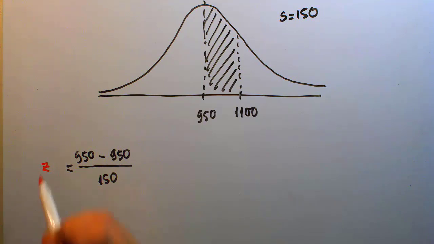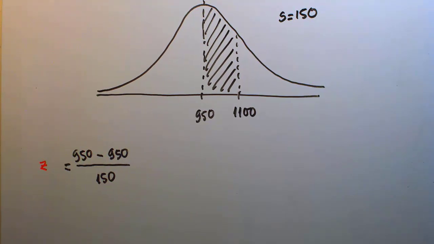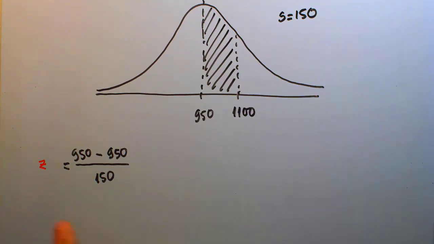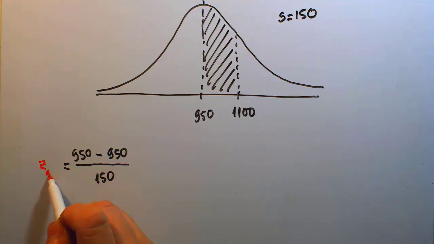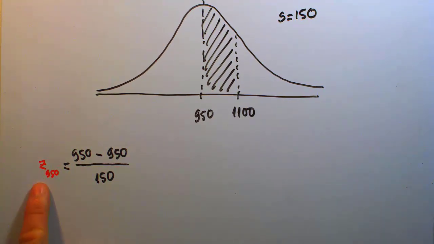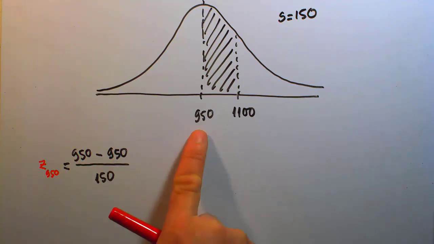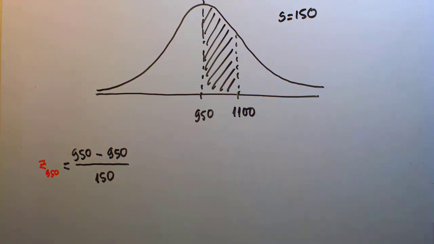And from this video lesson on, and for the rest of the quarter, you're going to see, at least throughout the discussions in empirical rules, I'm going to use z-score, and I'm also going to use a subscript. The 950 as a subscript right here just indicates that my z-score here is a z-score particularly for the 950 as the low end of my interval.